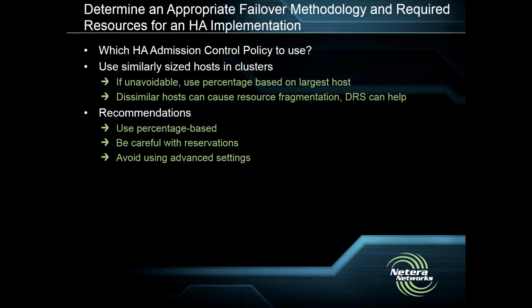So use similarly sized hosts. This is what I was talking about, resource fragmentation. I forgot the term, but the idea is if you don't have all of the resources on one host to restart a particular number of virtual machines, DRS will vMotion machines around in order for those virtual machines to be restarted. And this is again if you have dissimilar hosts. Okay.